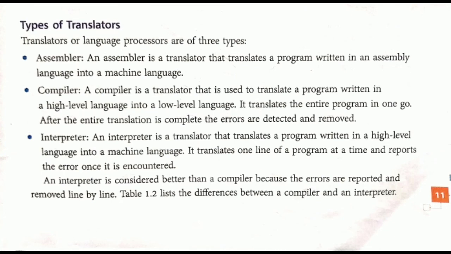Third one is the interpreter. An interpreter is a translator that translates a program written in a high-level language into a machine language. It translates one line of a program at a time and reports the error once it has been encountered. And an interpreter is considered to be better than a compiler because the errors are reported and removed line by line. Okay, so this is about the different types of translators.